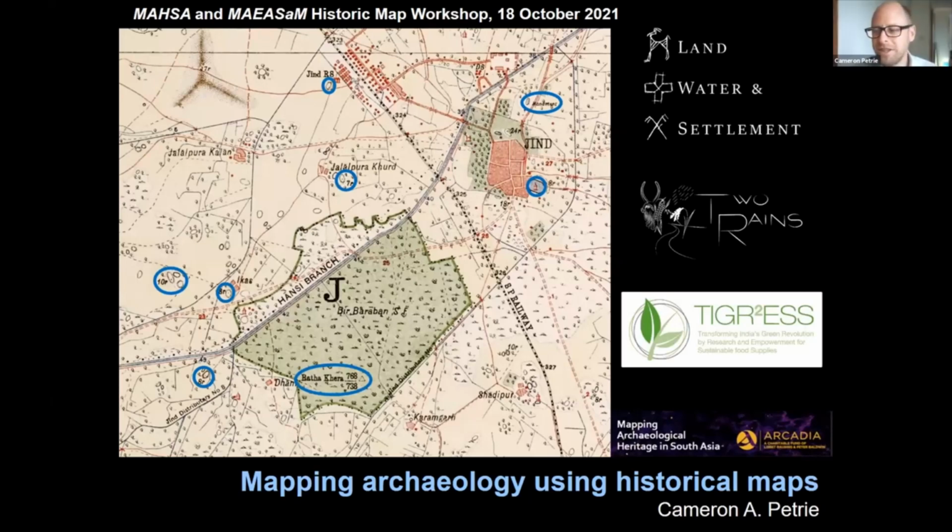So I'm starting off this presentation by actually showing you a historical map from the outset, and I'll be showing you many more maps as I progress. As Azadeh pointed out, this talk is designed to be a bit of an introduction to the concept of historical maps and their use in archaeology more broadly. This map is from the very early part of the 20th century, and it is in many respects a very beautiful object in and of itself.